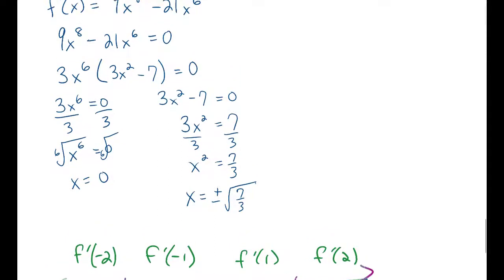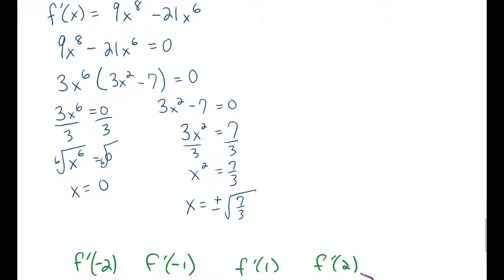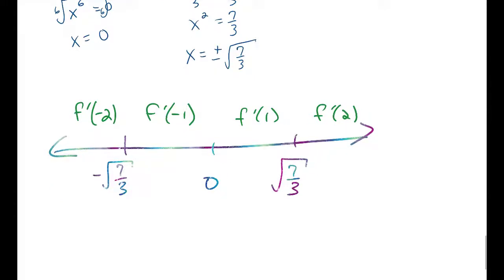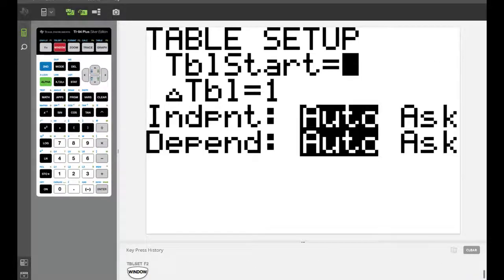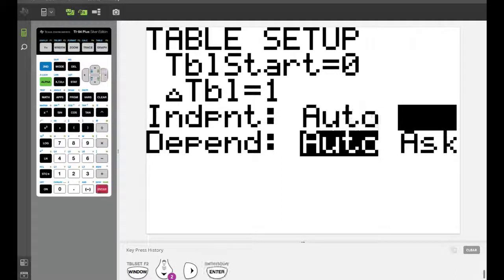So let's see, our first derivative was 9x^8 minus 21x^6. So let's go to our calculator. All right, let me just double check, make sure my calculator is set up. Hit second table set. Okay, move my independent variable over to ask. So here we go.